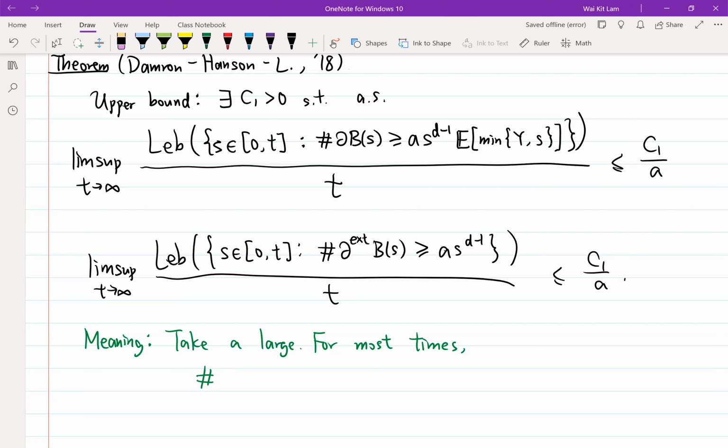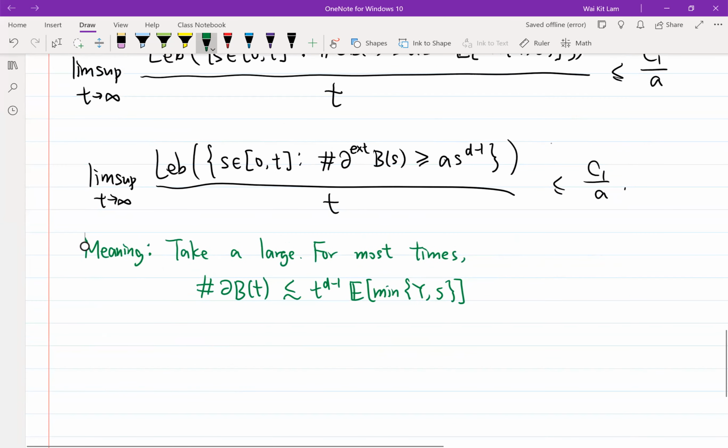the boundary has size no larger than some constant times T to the D minus 1 times the expectation of the minimum. Okay.